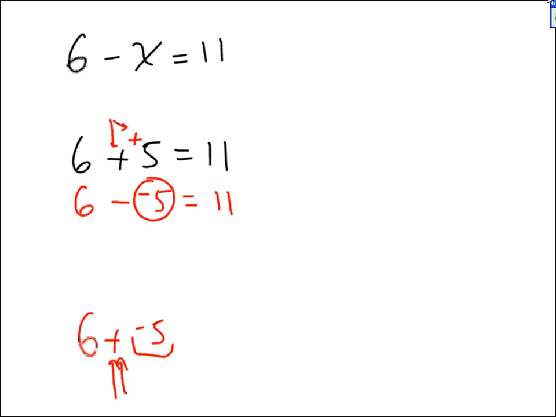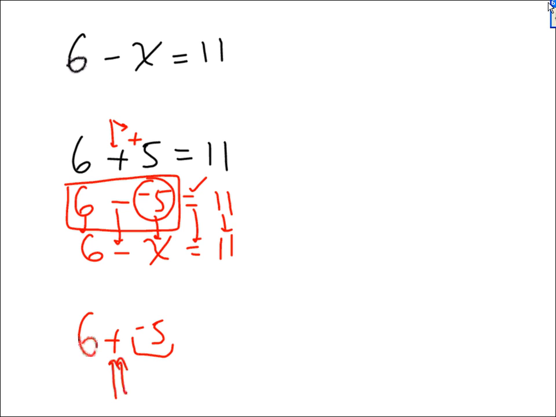For the record, that's not 6 minus 5. It's 6 plus 5, which really does equal 11. So 6 minus what number equals 11? Well, 6 is 6, minus is plus, negative 5 is x, equals is equals, 11 is 11. x is negative 5.